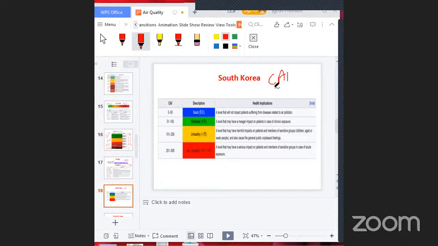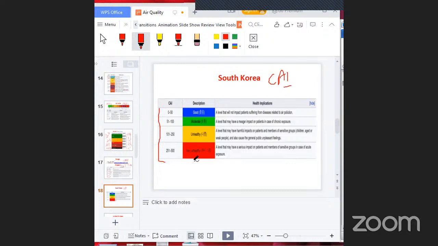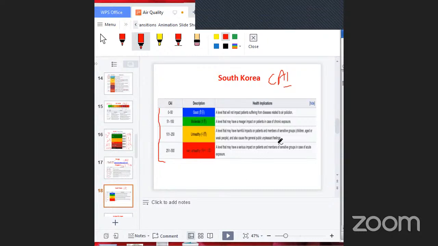The CAI is on a scale from 0 to 500, divided into 4 categories. The higher the CAI value, the greater the level of air pollution.